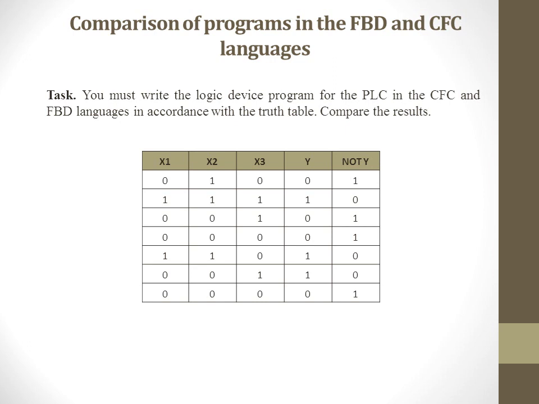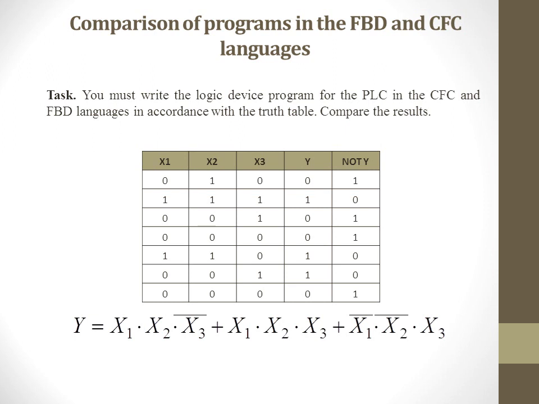So this is our truth table. This is the equation corresponding to the truth table, and we need to write programs in the CFC and FBD languages and compare the results of these programs.